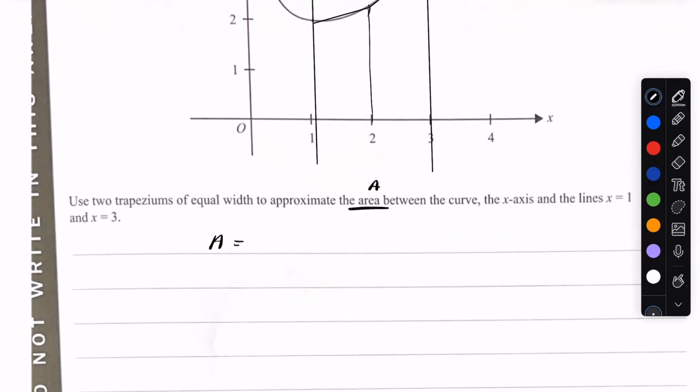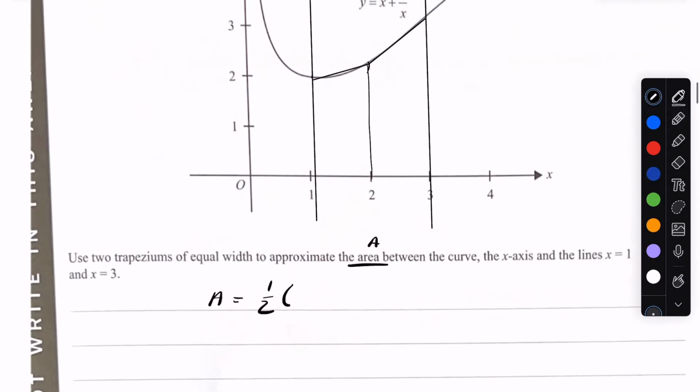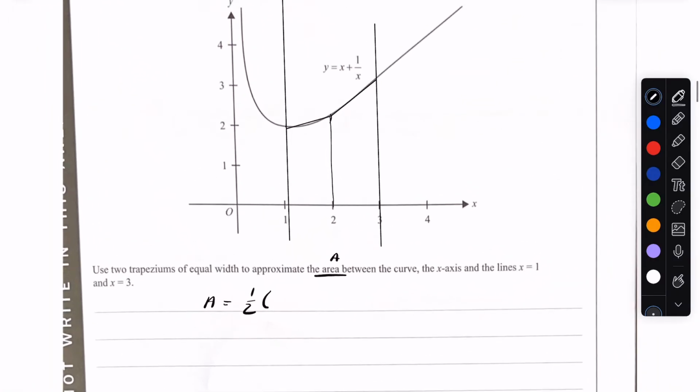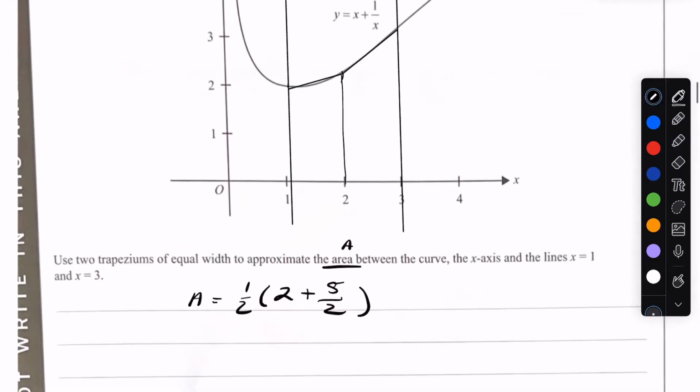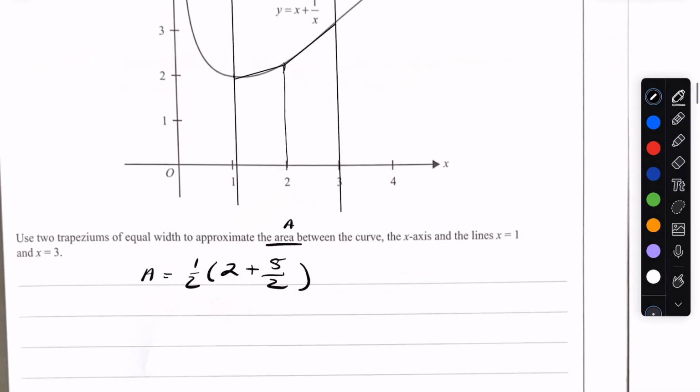First trapezium is 1/2 times f of 1, so 1 plus 1 is 2, plus f of 2, which is 2 plus 1/2, which is 4 over 2, 5 over 2. Then times by the height, which is just 1. And then plus 1/2. f of 2 we said was 5 over 2.